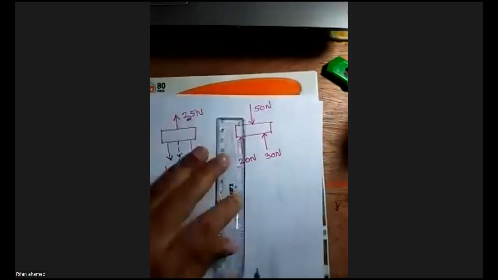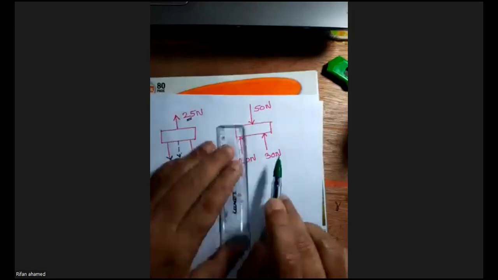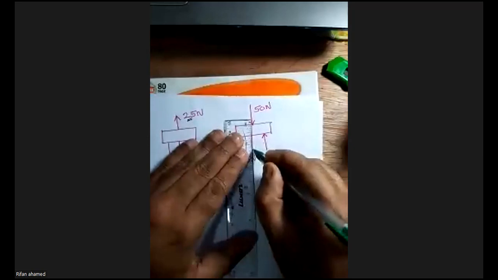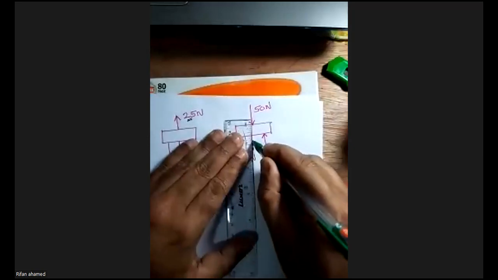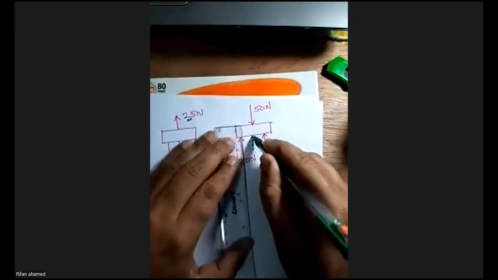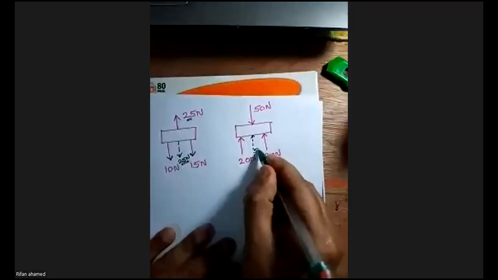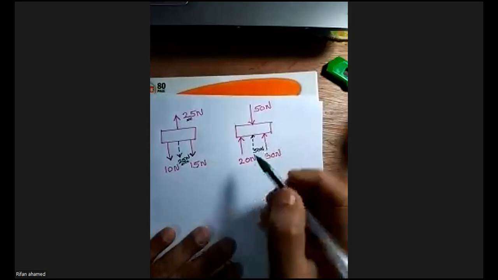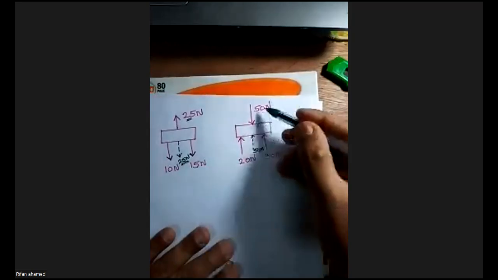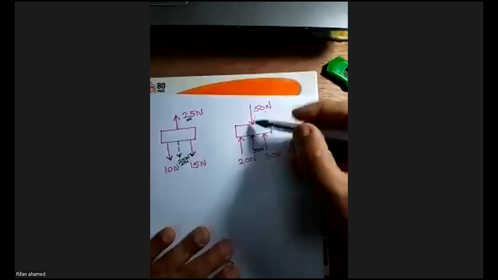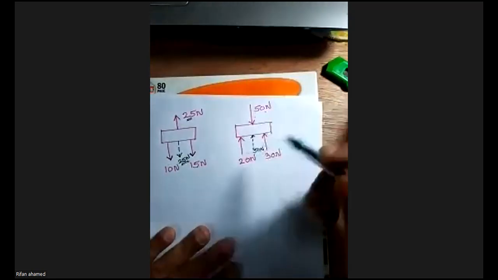So here 20 Newton and 30 Newton, the resultant will be like this, 50 Newton. Now this 50 Newton and this 50 Newton are equal, they are opposite, and they are in the same line of action.